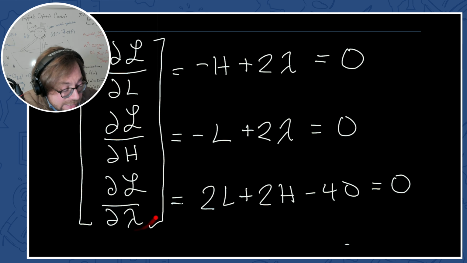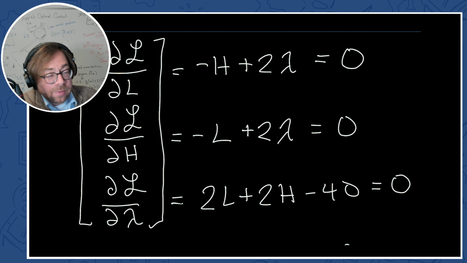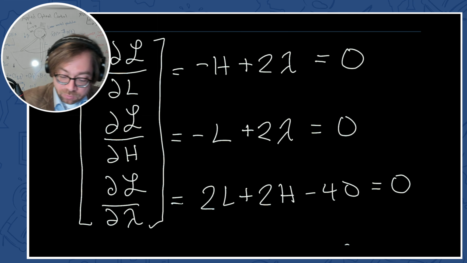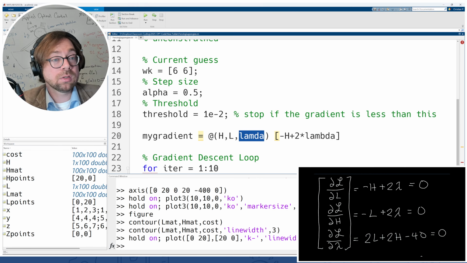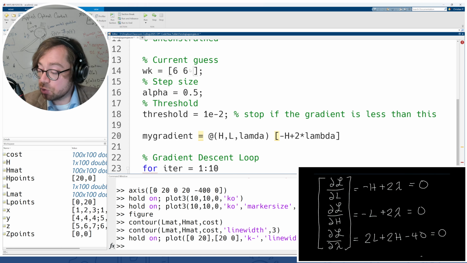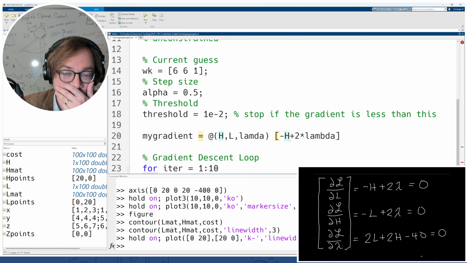So let's treat lambda, our Lagrange multiplier, as if it's a decision. And if it's a decision, then just like everything else, we need to have an initial guess. We have an initial guess for length. We have an initial guess for height. Let's have an initial guess for our Lagrange multiplier. I don't know, 1. We'll see what happens, okay?